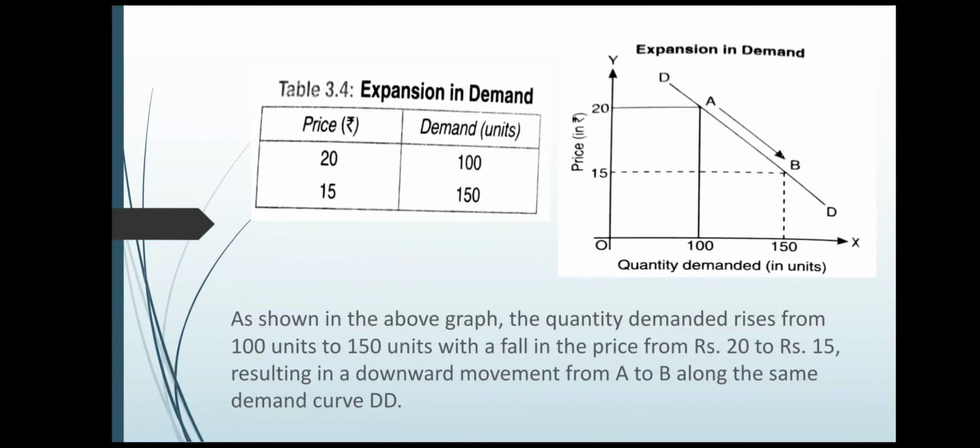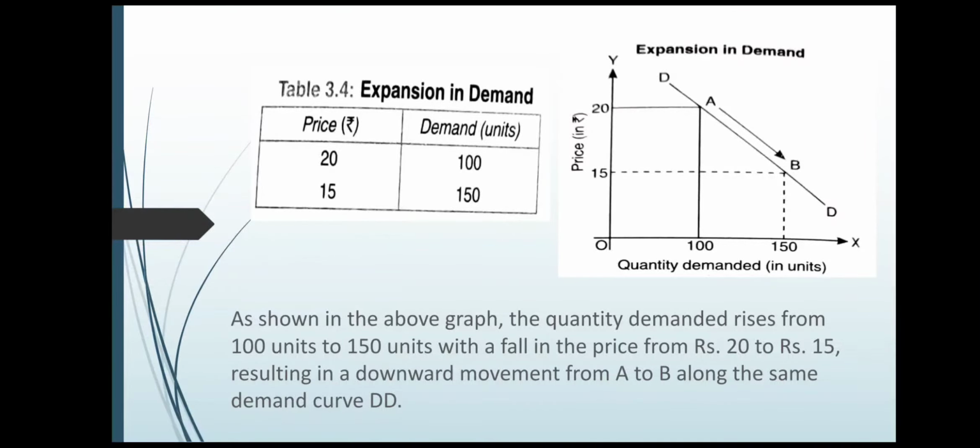From point A, the demand has expanded to point B. Always remember to make this arrow. The arrow is going to show the direction of movement. So it is very important to make the arrow.